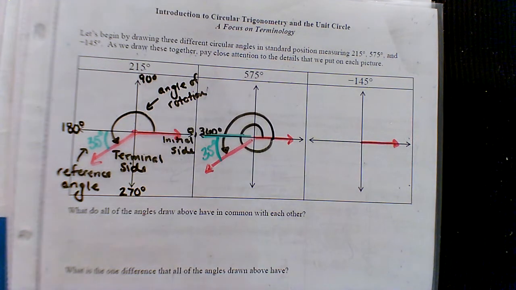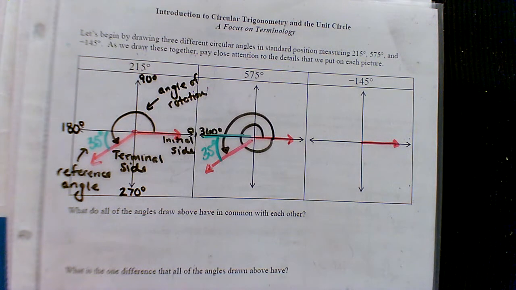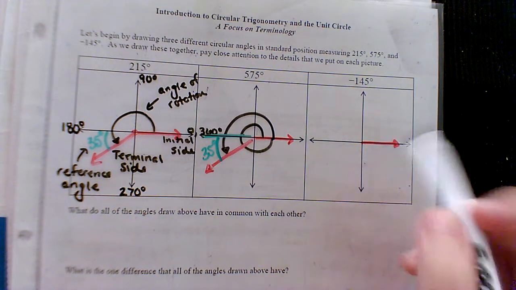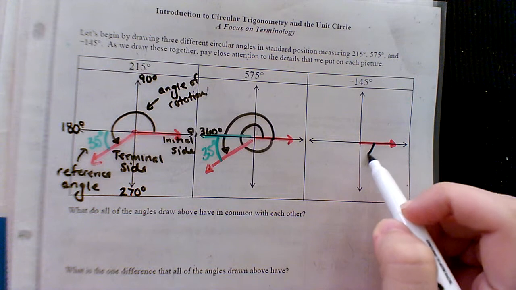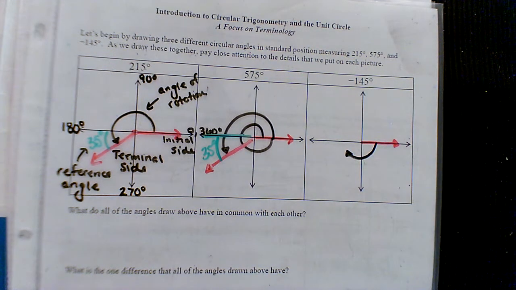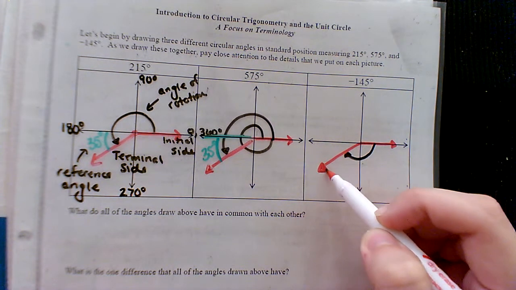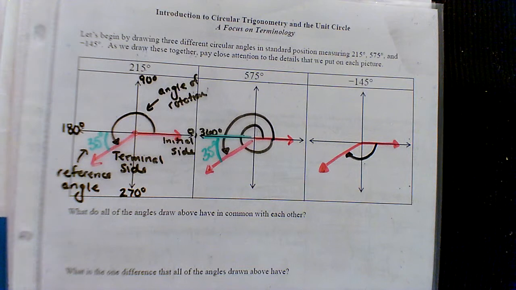Now if we're going clockwise, 145 degrees is not quite 180, so we're not going to make a full half a circle. We might be somewhere right there. So we'll draw the terminal side. Can we figure out that reference angle?